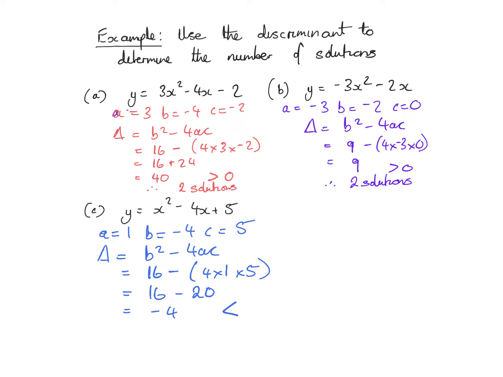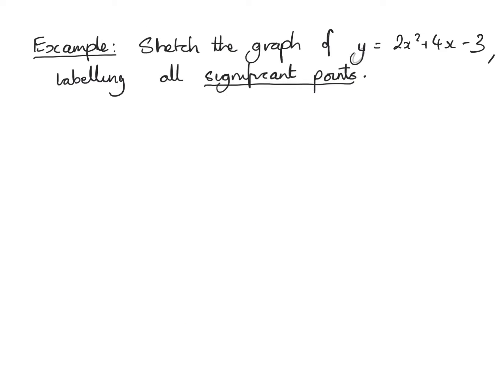This is less than 0, so therefore we would have no solutions or no x-intercepts. So your graph would probably look something like this. It would be above your x-axis, or it would be below your x-axis, but it would not be cutting your x-axis. Let's put all of this together.